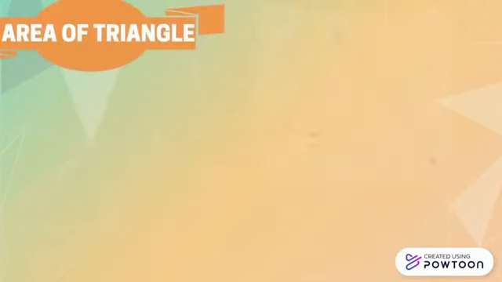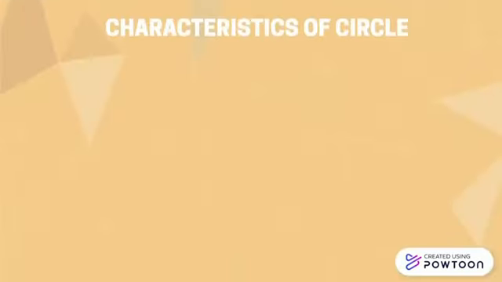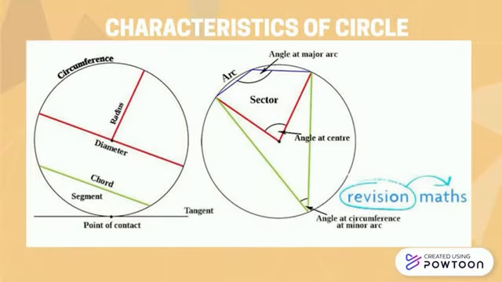Area of triangle. For the diagram shown, the area of any triangle ABC can be calculated given two sides and the angle between them. The characteristics of circles. We have the circumference, radius, diameter, chord, segment, point of contact, tangent, arc, angle at major arc, sector, angle at center, and angle at circumference at minor arc.